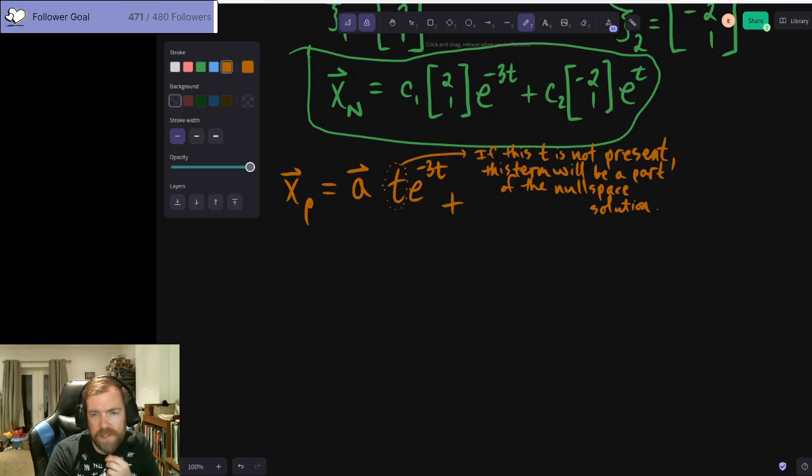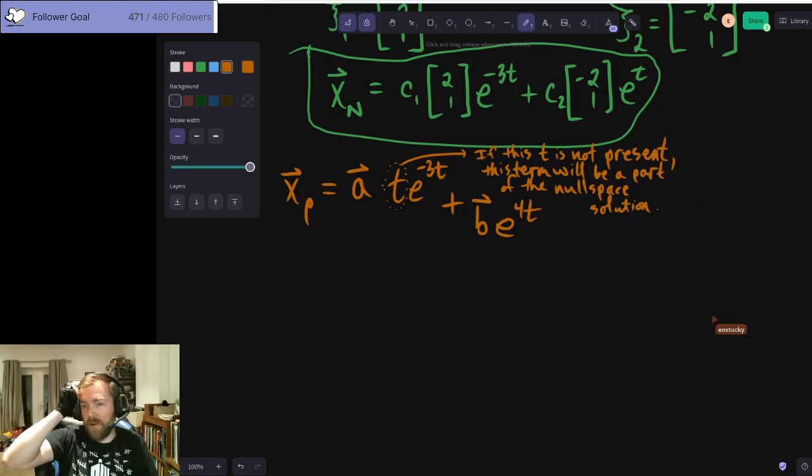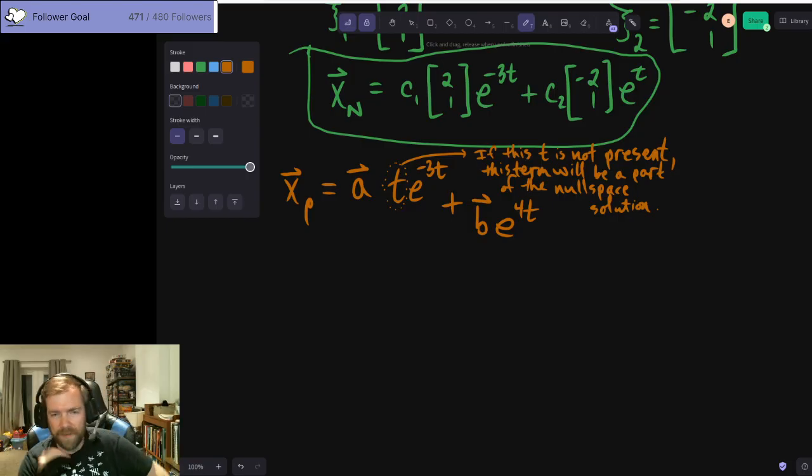Then we also said this needs a b vector with e to the 4t, which is going to be the other portion of our non-homogeneous portion. So our g vector from up top had an e to the 4t in it. And again, the solution is going to have some vector which has e to the 4t. We don't know exactly what it is, but we'll get it. Okay, now what? Plug it in and see what happens.